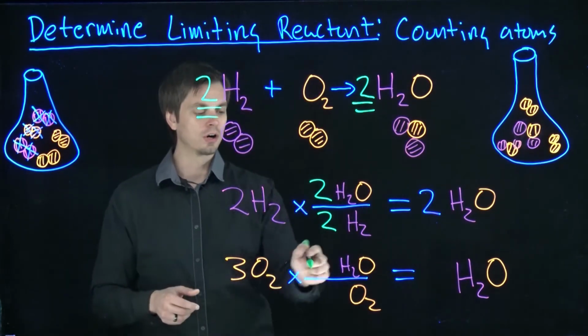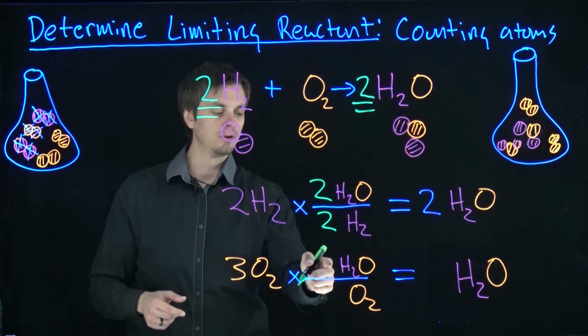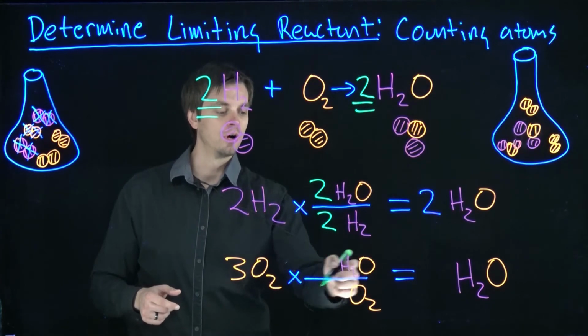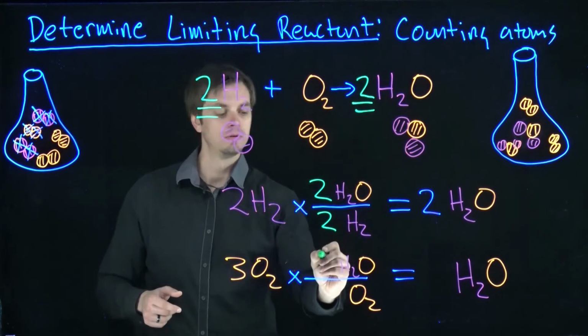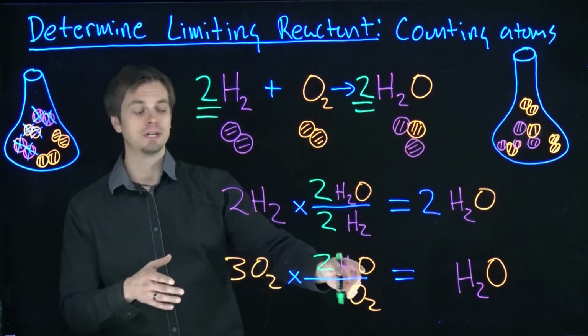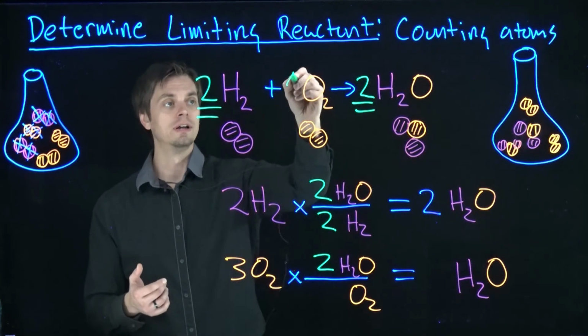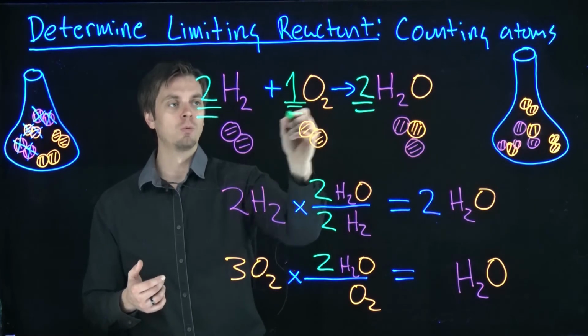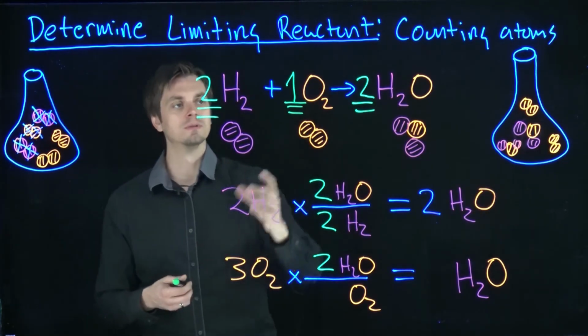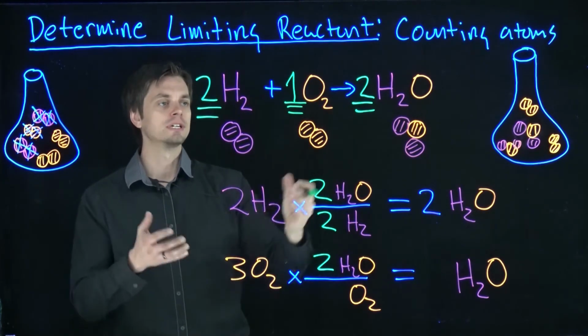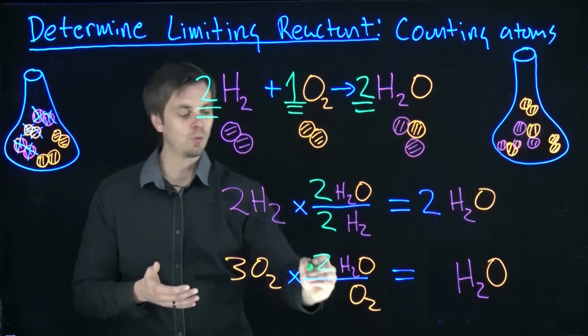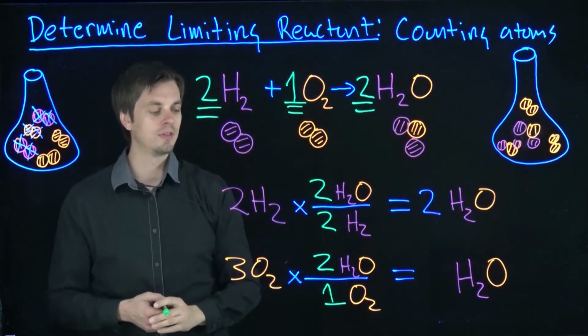So now our conversion factor is going to be built from the stoichiometric coefficient for H2O, which is a 2, and the stoichiometric coefficient for oxygen, which in this case is a 1. And remember, there's always an implied 1 there. We typically don't write it out for simplicity of the written expression, but there is a 1, so we'll carry down that 1.